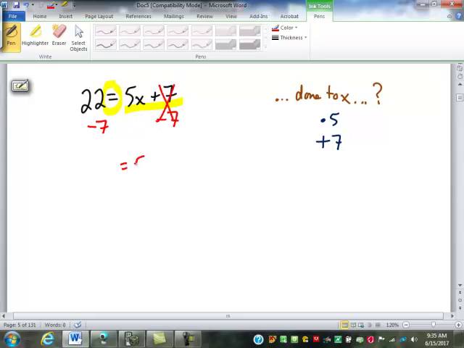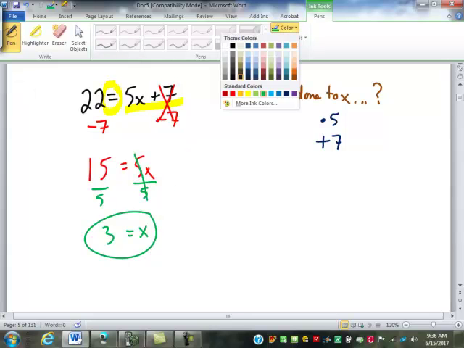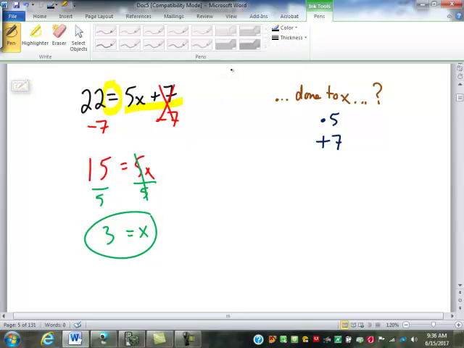We have 5x left on the right side. 22 minus 7 is 15. The next piece we have to remove? Divide by the 5. Very good. So 15 divided by 5 is 3, so 3 equals x, or x equals 3. Any questions?